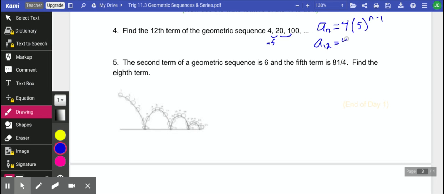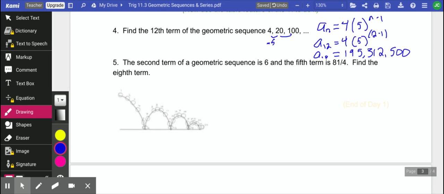So we're going to do 4 times 5 to the 12 minus 1. And again, put that in parentheses, otherwise your calculator is going to tell you wrong things. Or just do 12 minus 1 in your head. And this is a really large number: 195,312,500.